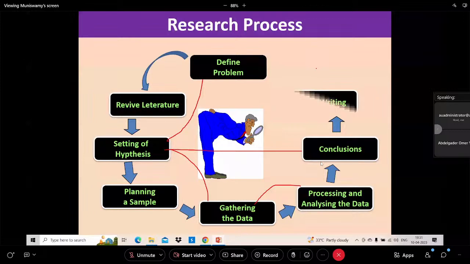So this research process means your research methodology course, the entire syllabus, is covered in this frame. How to define a research problem? Our registrar Krishna Mohan explained the research definition and so on.